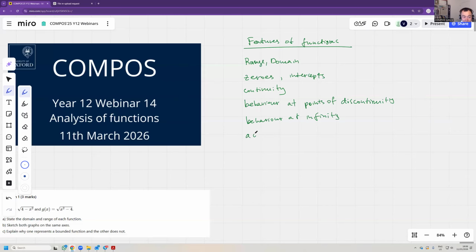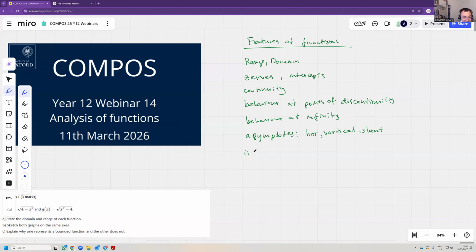Then asymptotes, which are horizontal, vertical, slant. Right. So what else? Well, I haven't even touched derivatives.